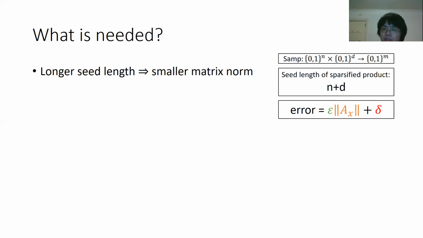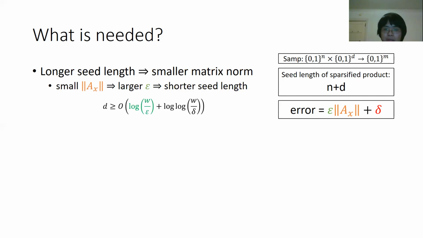Because the C length of the sparsified product will be n plus d, where n is the C length of the left-hand side. If the left-hand side has a small norm, then we can assign a larger epsilon to get the error we want. And this implies that d is shorter, because d is dominated by this log 1 over epsilon term.